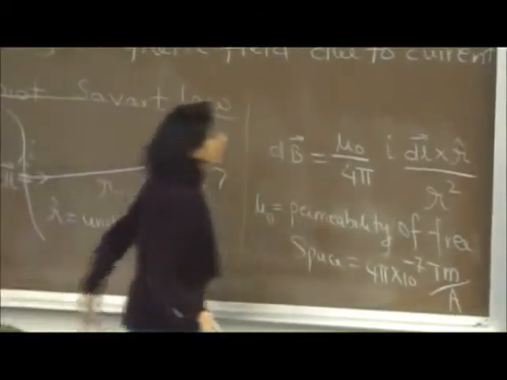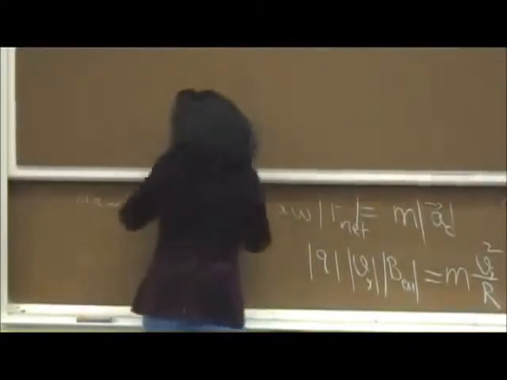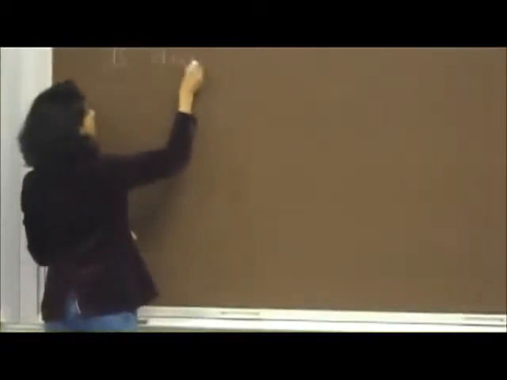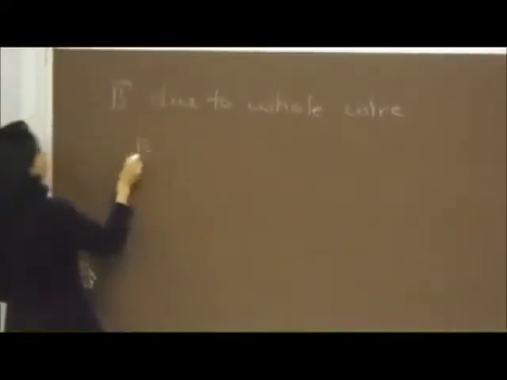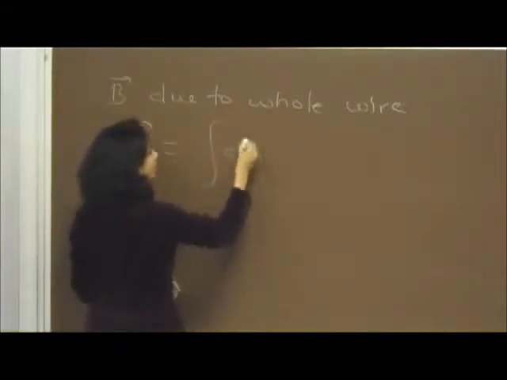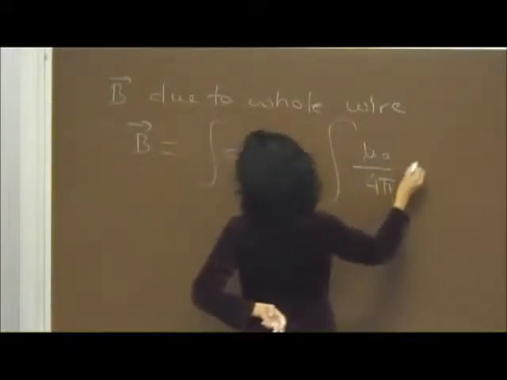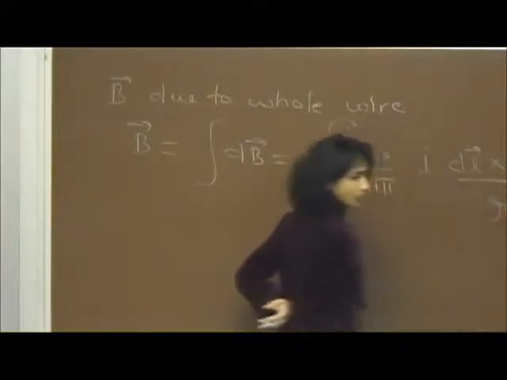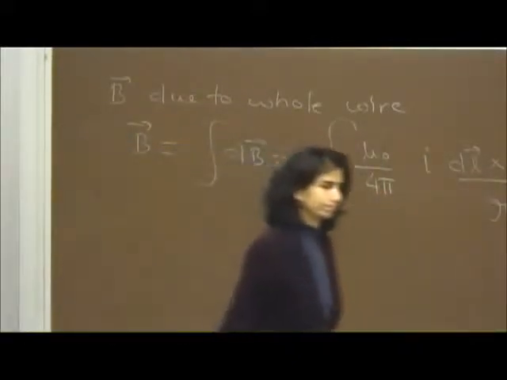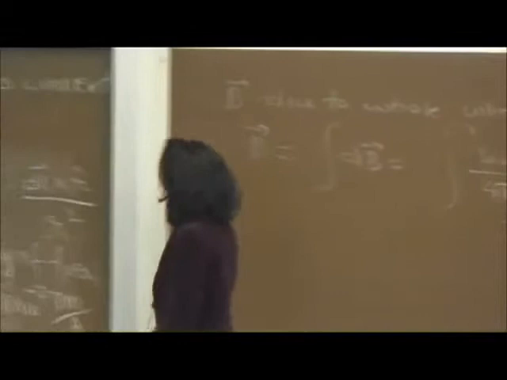So the magnetic field due to the whole wire will be integral dB, which will be integral mu 0 over 4 pi I dl cross r hat divided by r square. By the way, this is what's called Biot Savart Law.